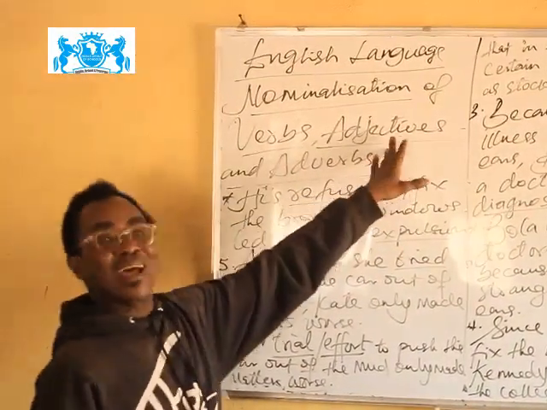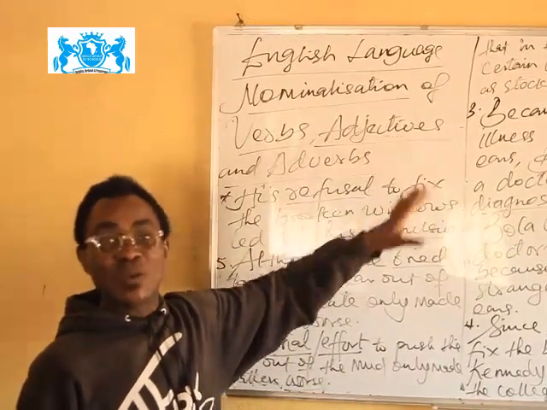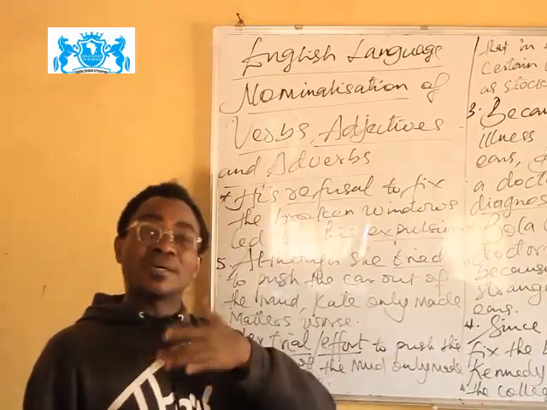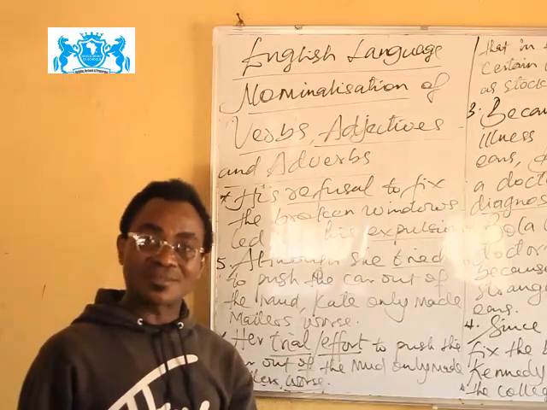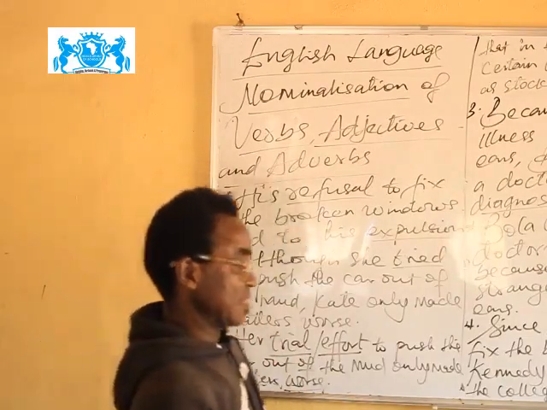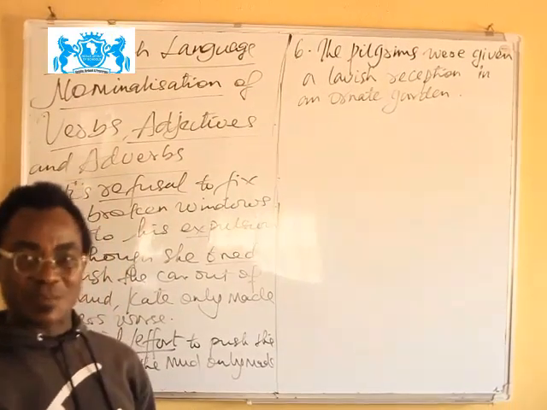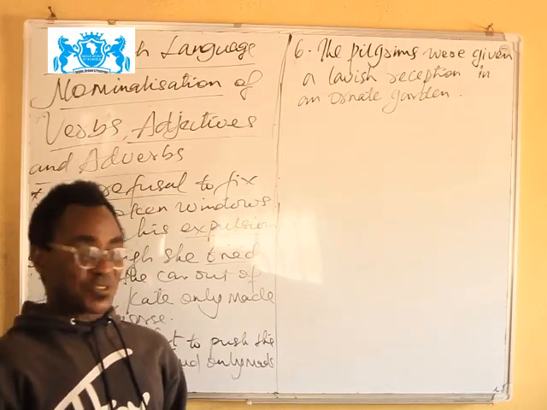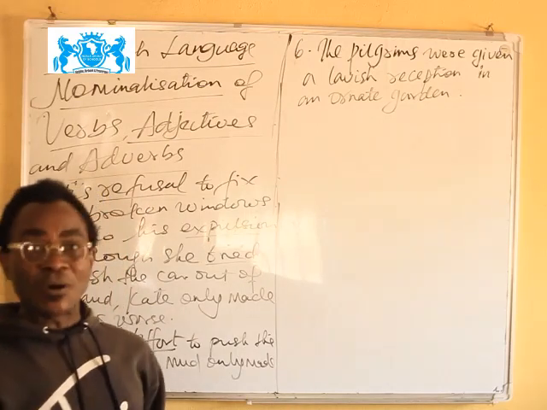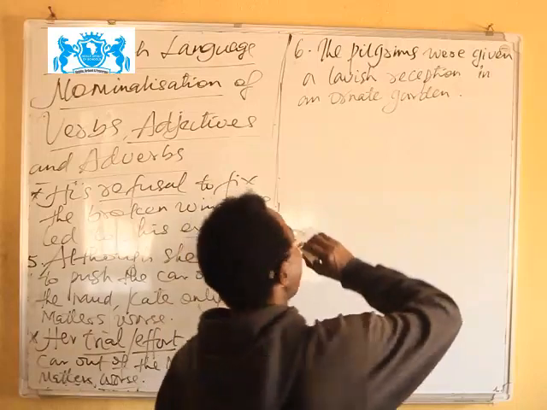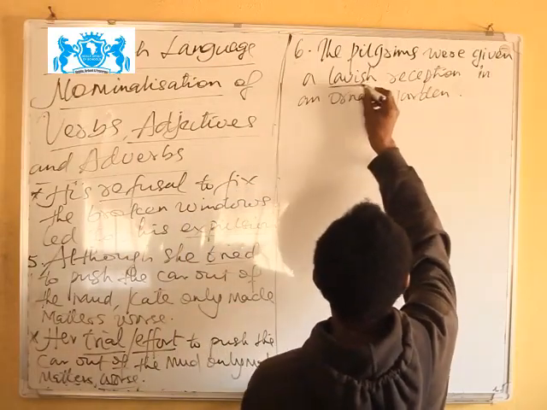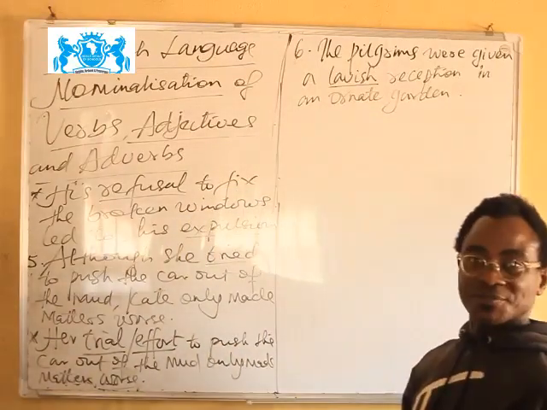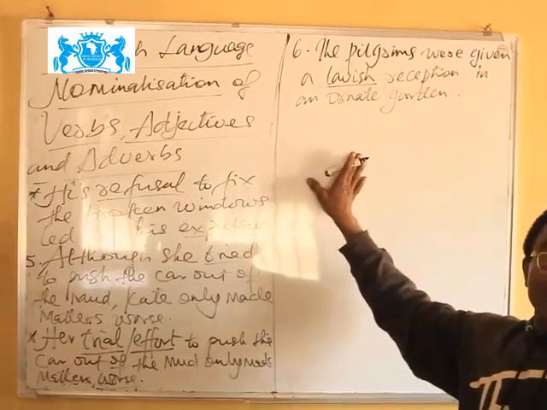Now let us nominalize some adjectives. We also try to derive noun forms or nominals from adjectives. A lavish reception in an ornate garden. In this example, we have the adjective lavish.